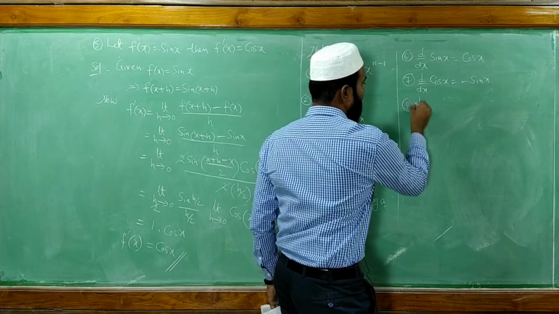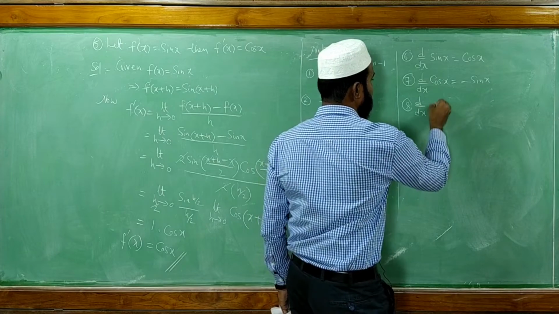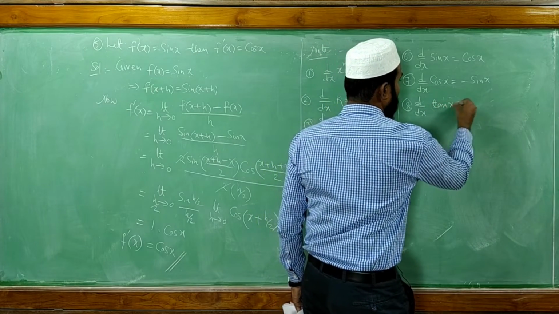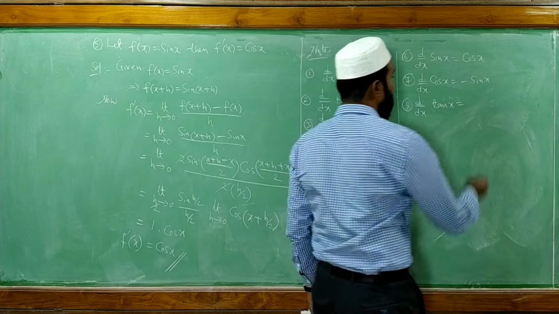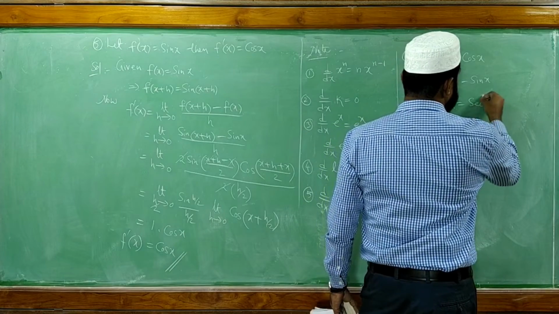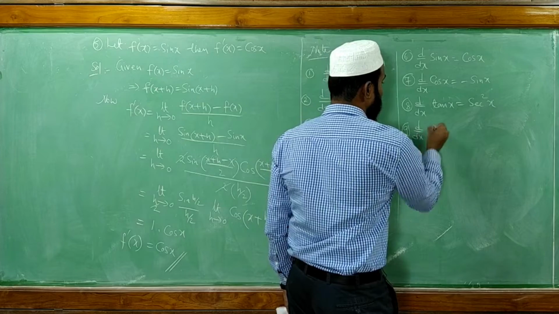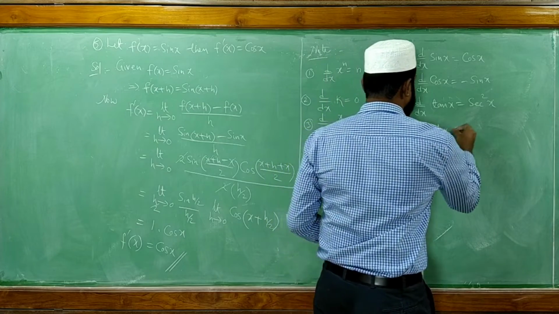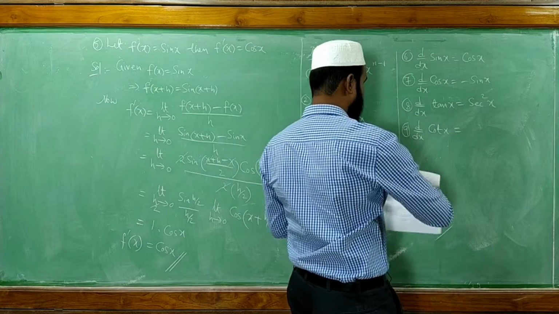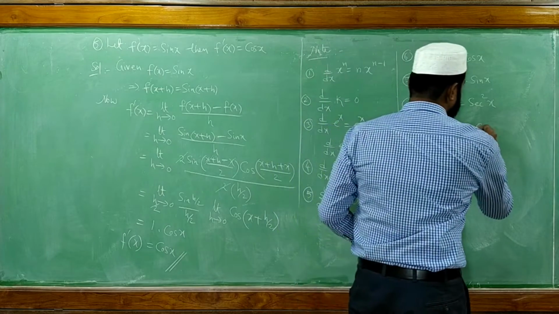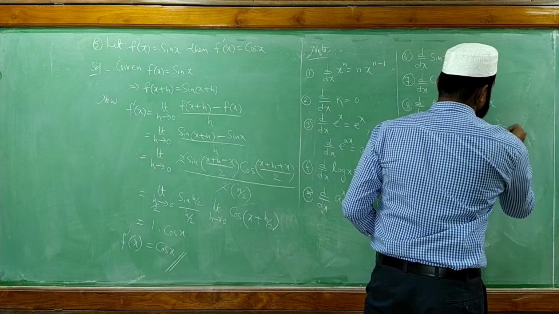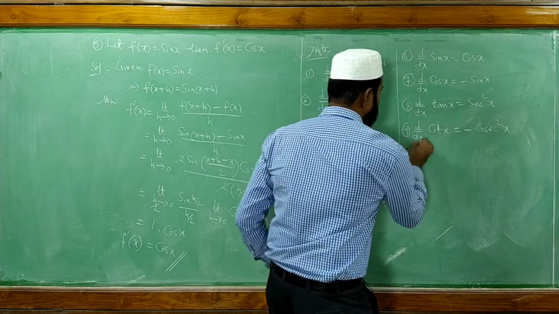Same way, derivative of tan x is nothing but secant square x. Then next, derivative of cot x is nothing but minus cosec square x, right?